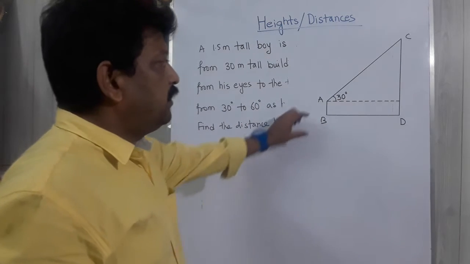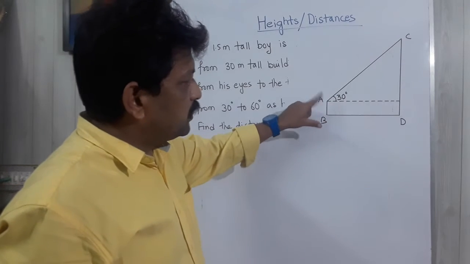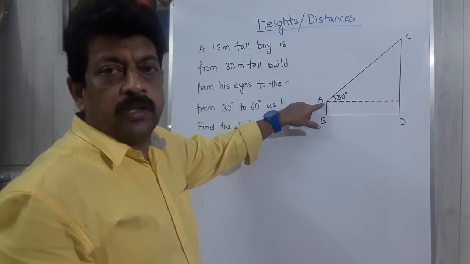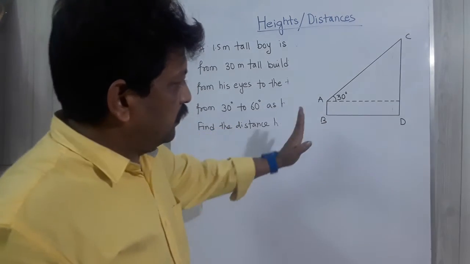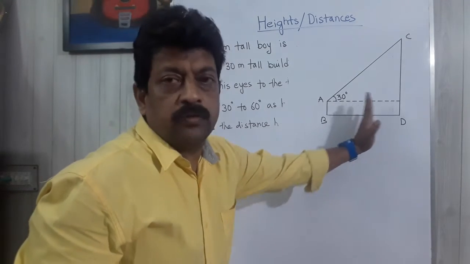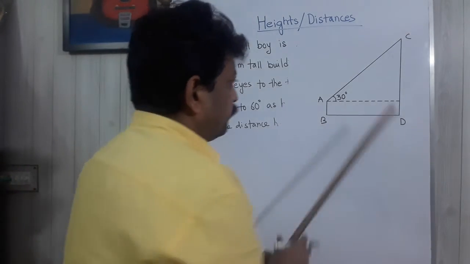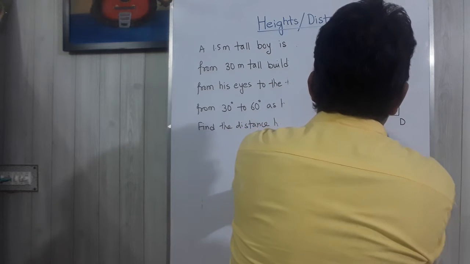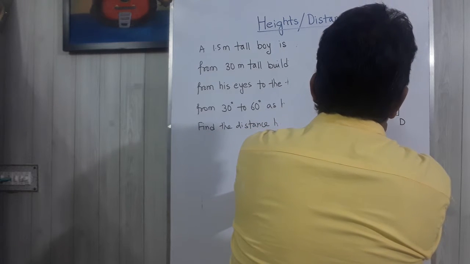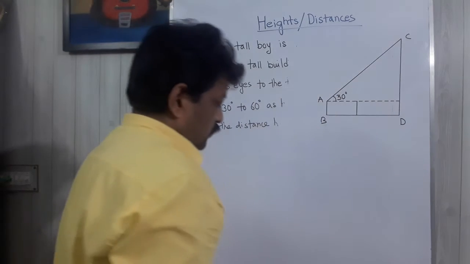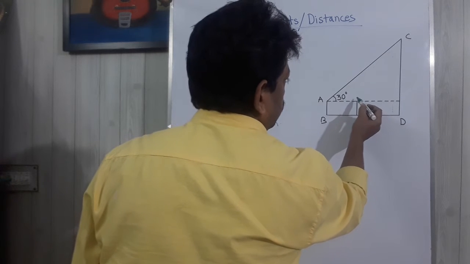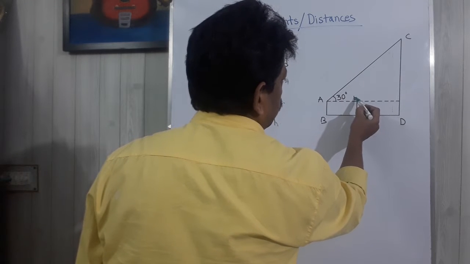When AB is the position of the boy, the angle of elevation was 30 degree. Now the boy is walking towards the building, towards CD. At a certain point, suppose the boy is at this point, let the point be EF.